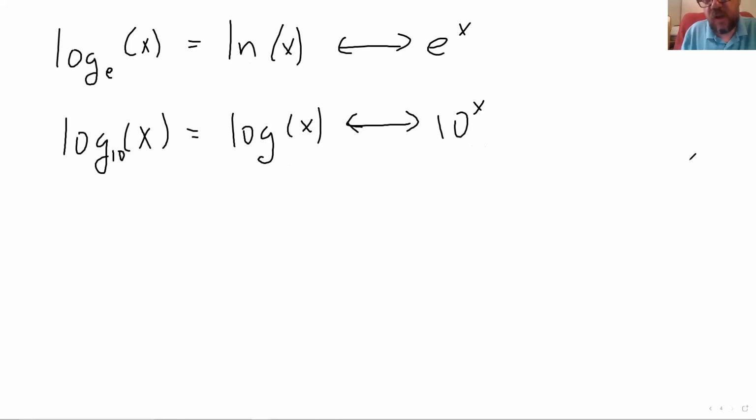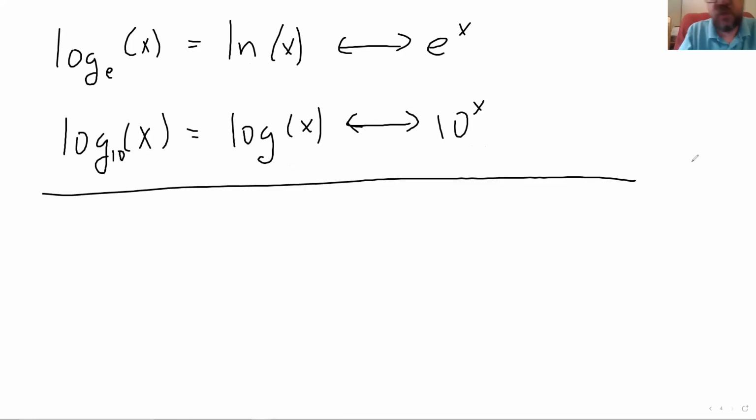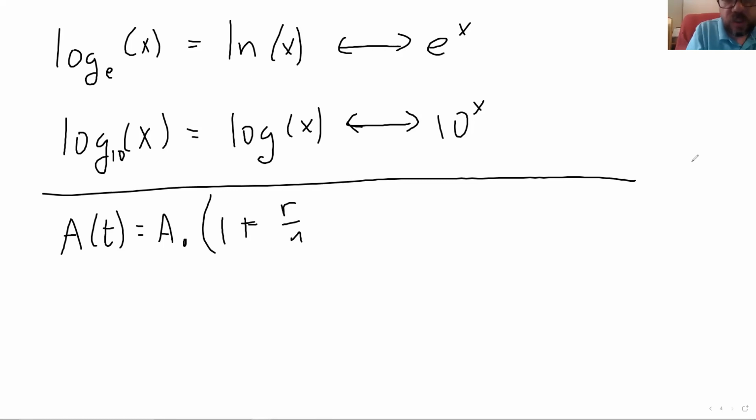I guess what I want to say is this: if I have my general compound interest formula, A of t equals A0 times (1 plus r over n) to the nt, and you let n go to infinity, so I'm going to let n get really big, what ends up happening, because of that thing that I said before about e, is this.